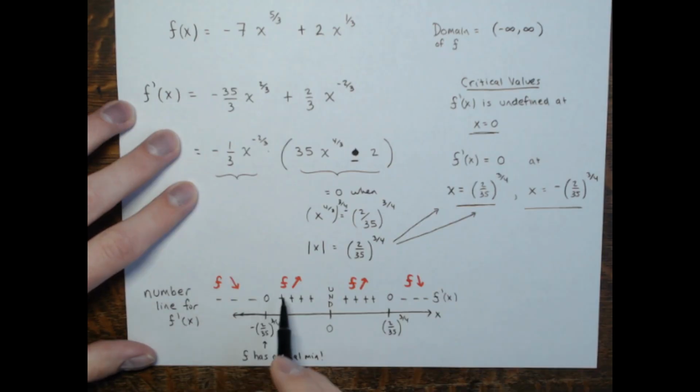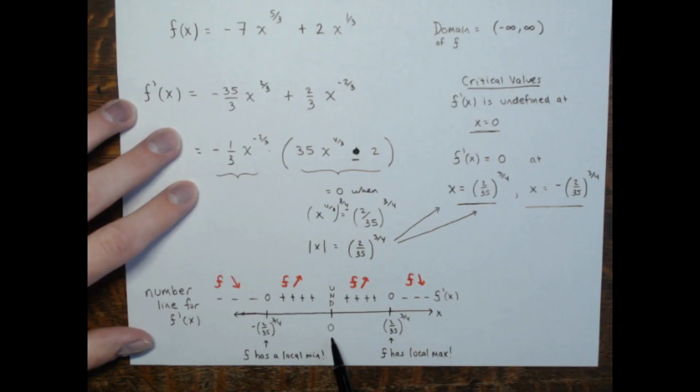As you're going down and then up, you'd be at the bottom of a valley here. And then at the positive 2/35 to the 3/4 power, see how to the left increasing, to the right decreasing, so you're at the top of a hill. So f has a local maximum value at this x value. Right, and we'll see that in the graph.